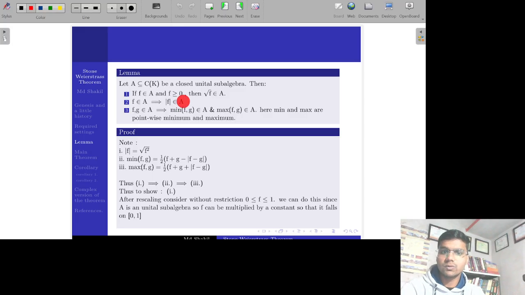So if you take any positive function from A, then its square root will also be in A. And the second claim is that if f is in A, then its modulus will also be in A.